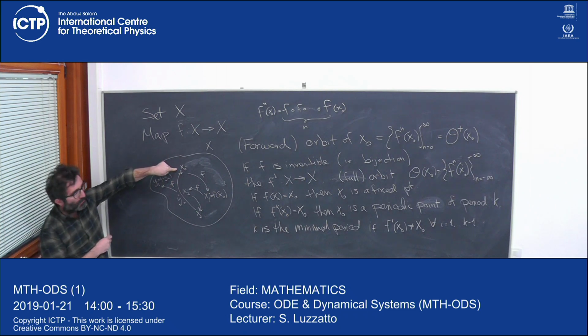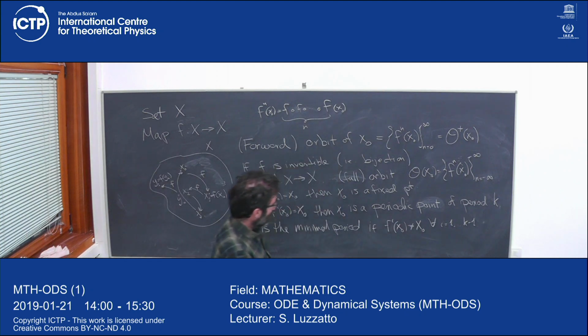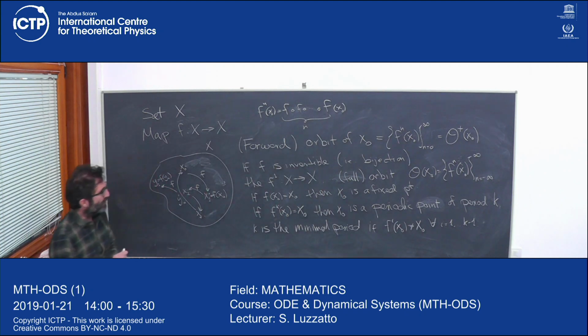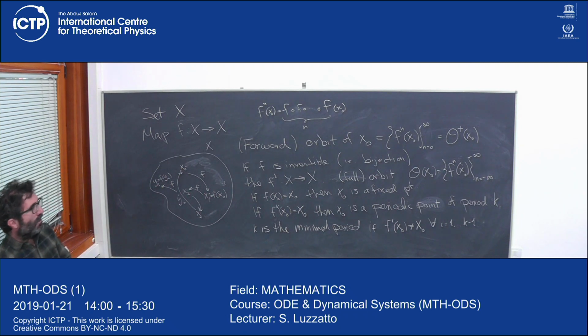But 8 is not the minimal period, right? Because for i equals 4, we don't have this, so it's not the minimal period. Okay, so this is really the fundamental first definitions that we need to start studying some examples.